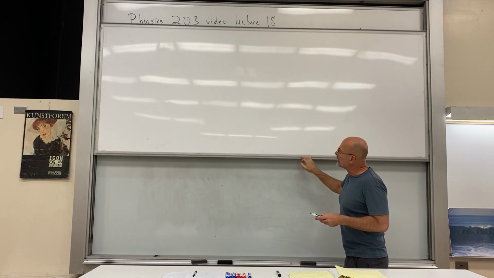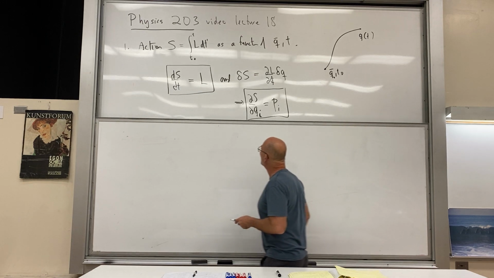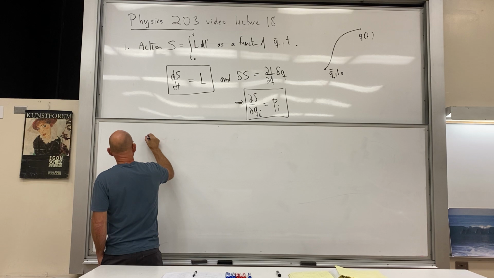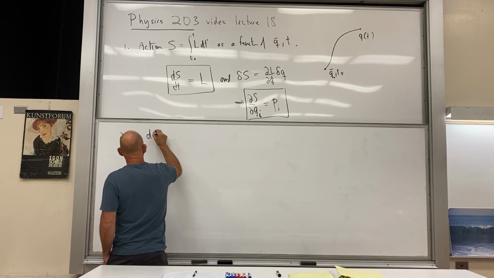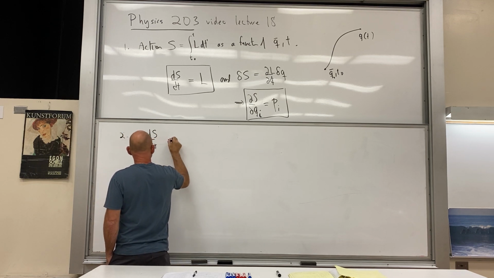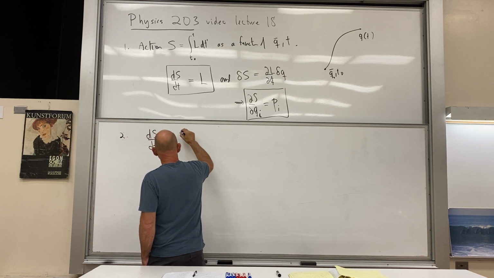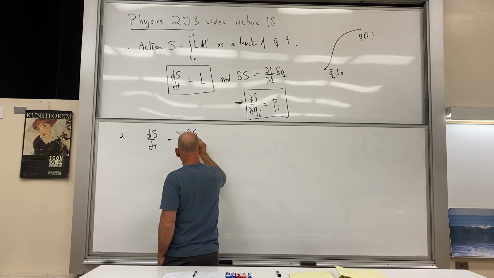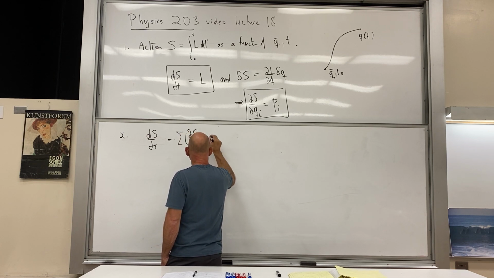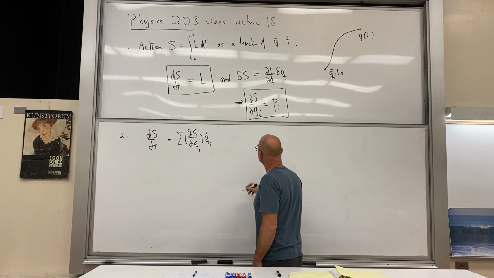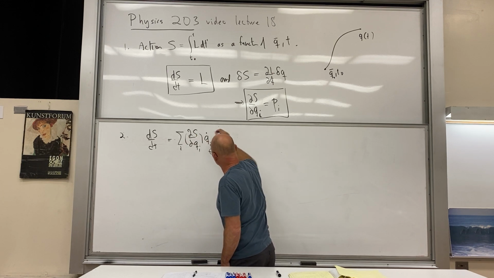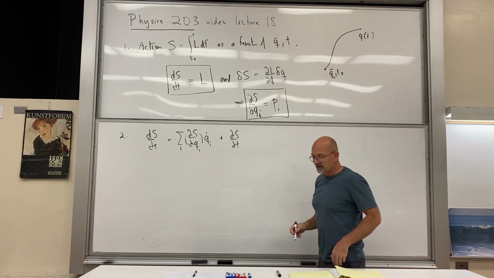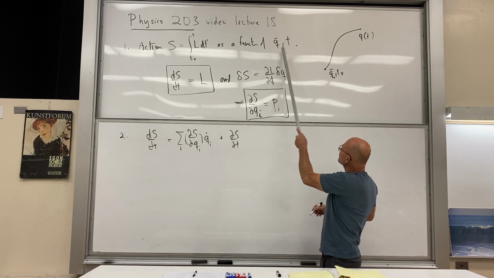Okay, and from that we were able to do the following. dS/dt would have been equal to the sum over i of partial S partial q_i times q_i dot, and outside of the sum, partial S partial t, okay, that would have been just S as a function of coordinates and time.